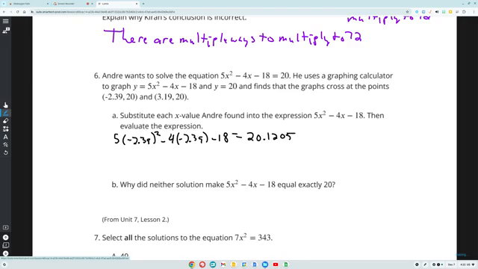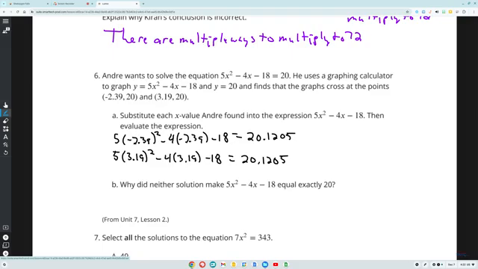And if I do that with the other quote-unquote solution, 5 times 3.19 squared minus 4 times 3.19 minus 18, I also end up getting 20.1205. They are very close, but they're not exact.